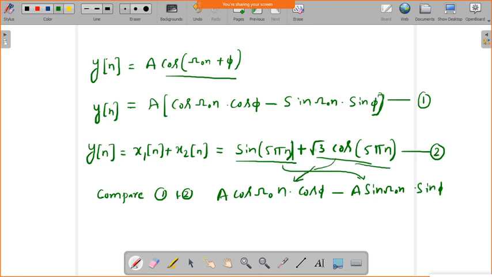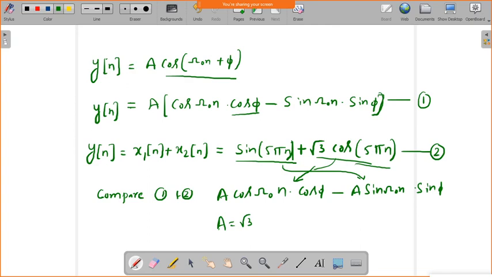So now what is the value of A here? If you take root 3 into cos of 5 pi n, what is the value of A? A equal to root 3. So what is A cos phi?